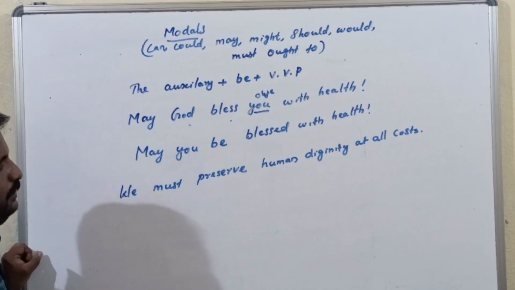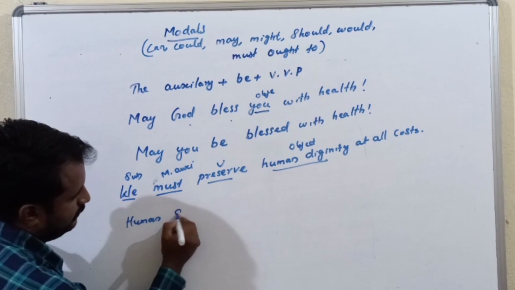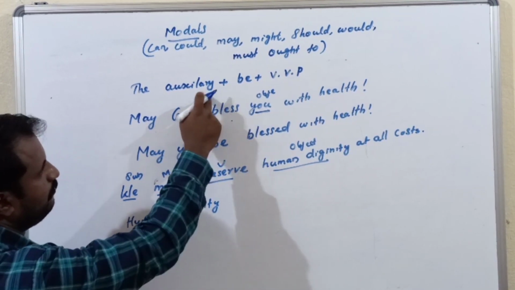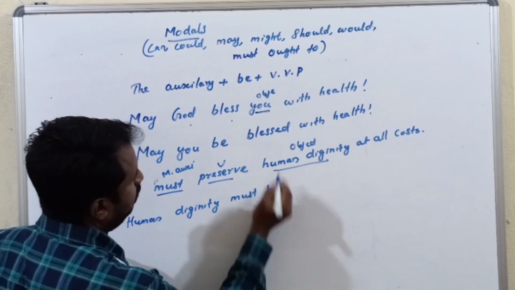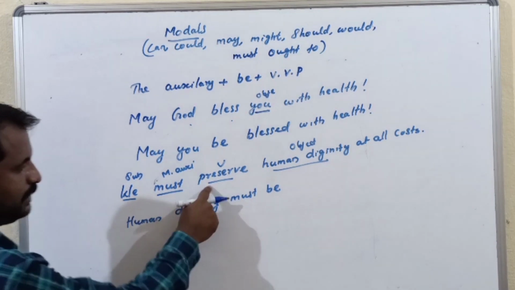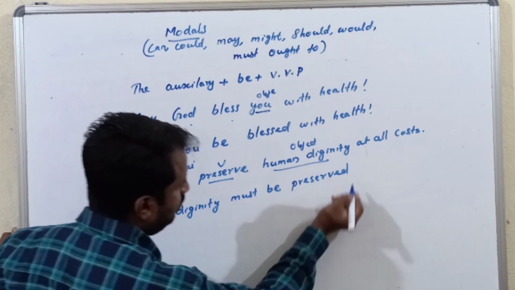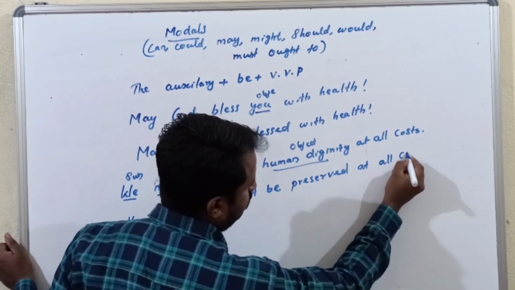So we can take the object as the subject: human dignity. Then the auxiliary must, plus be, plus the past participle form of preserve. Human dignity must be preserved at all costs.